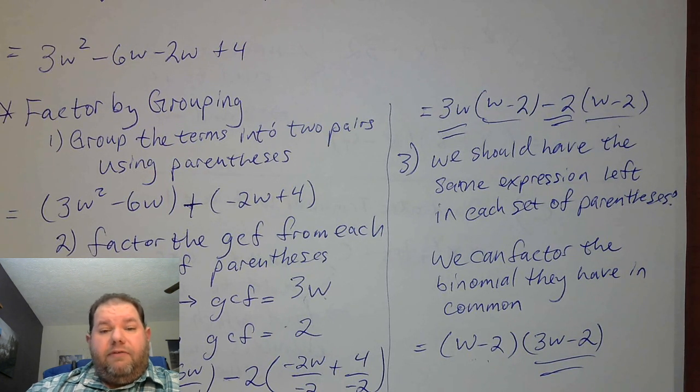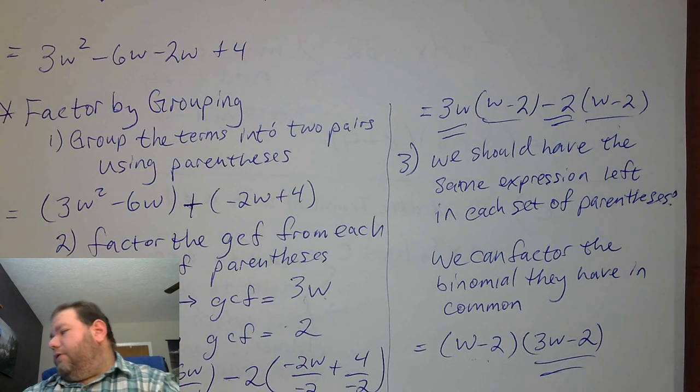We can see it's definitely more involved than what we were doing in the earlier parts, but it utilizes a lot of the same things that we've been talking about this section, which is the greatest common factor, because that came up again, and the original factoring that we did.